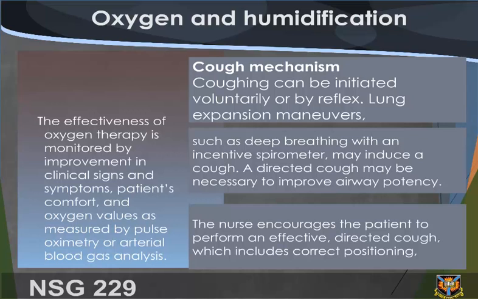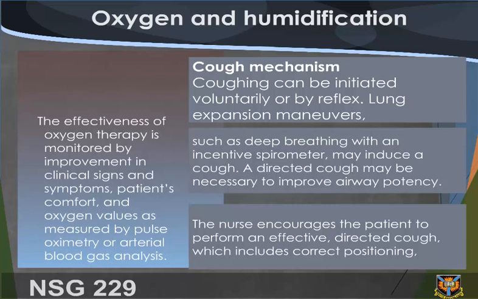Cough mechanism. Coughing can be initiated voluntarily or by reflex. Lung expansion maneuvers, such as deep breathing with an incentive spirometer, may induce a cough. A directed cough may be necessary to improve airway patency.